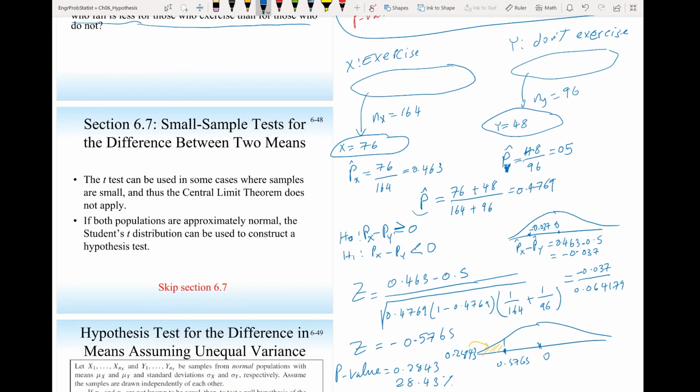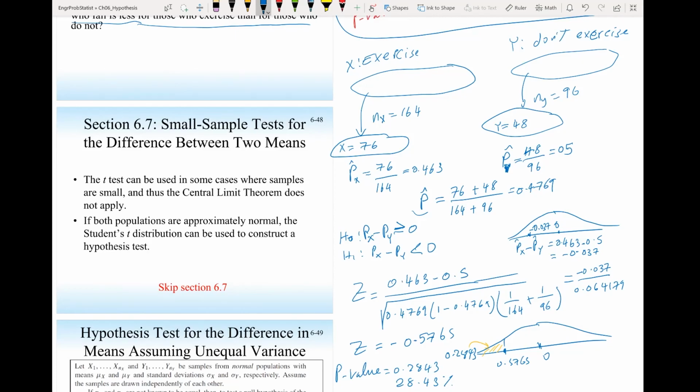So there is no strong evidence to reject the null hypothesis. And my conclusion is there is no difference in the proportion of falling if the patient with Parkinson's disease exercise or don't exercise. The proportion of falling is the same. So exercise has no factor in balancing the patient with Parkinson's disease from this study.